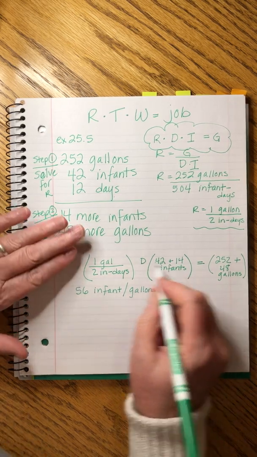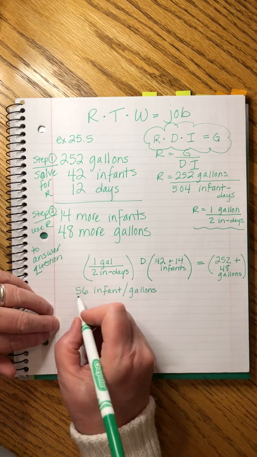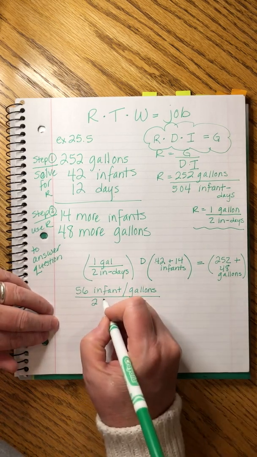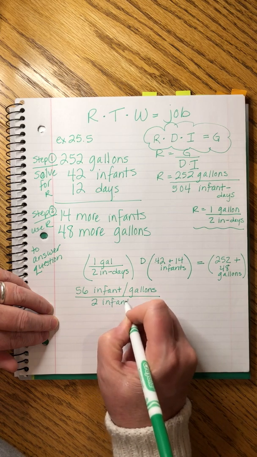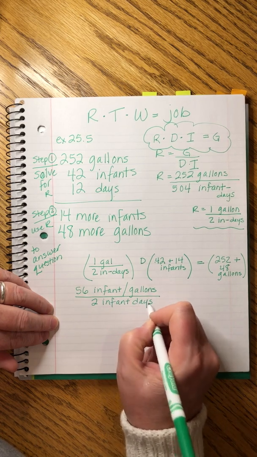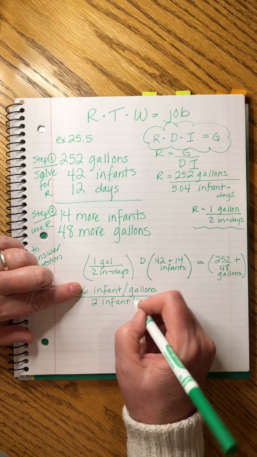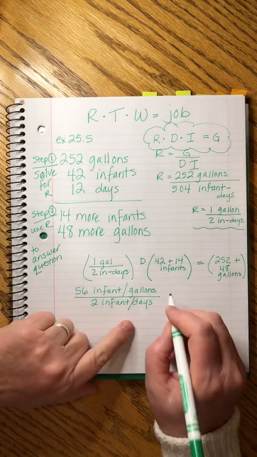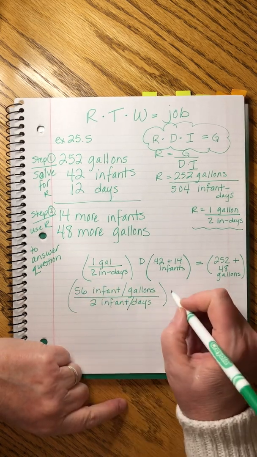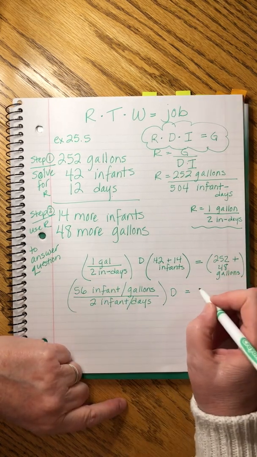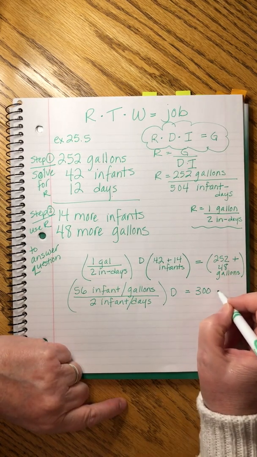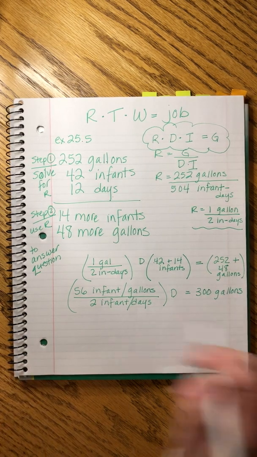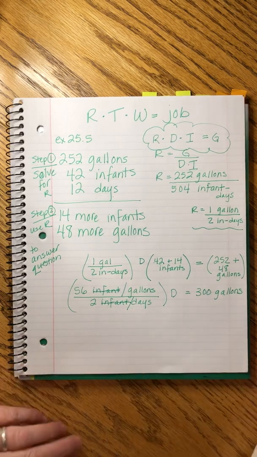Again, this doesn't make sense, I'm just tracking my units, over 2 infant days, right? Because that's what I had there. I like the slash better, that makes more sense to me. This whole thing times D equals 300 gallons. All right, infant cancels top and bottom.